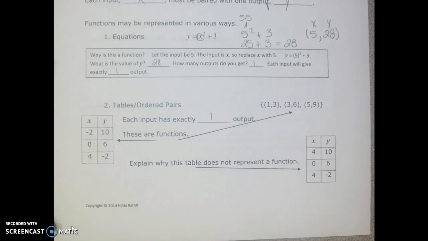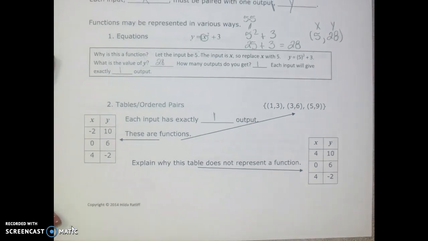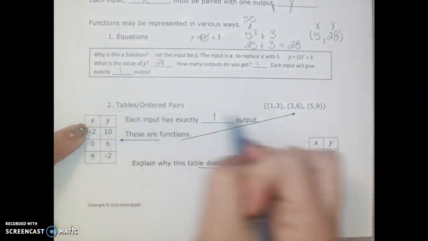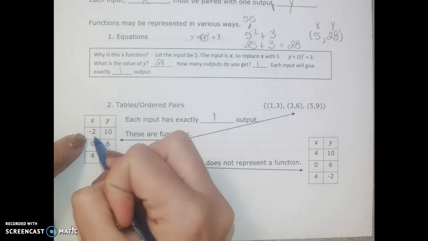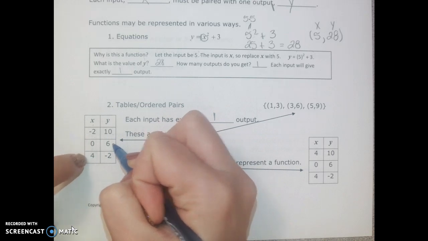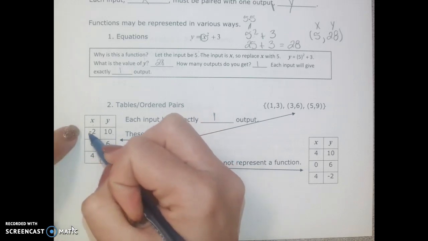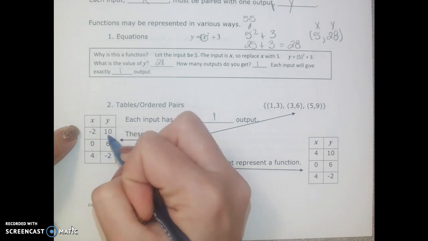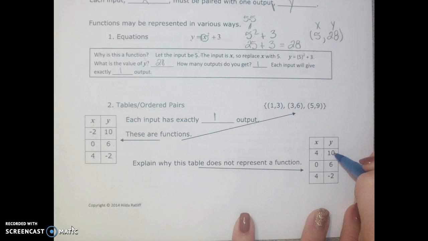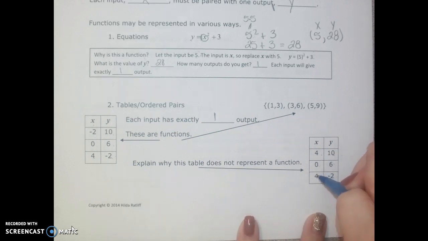Okay, so I hope that somebody actually paused the video and gave you some think time. If you remember, each input, which is your x, has one output. So -2, I don't see another input, gives me 10. 0 gives me 6. 4 gives me -2. So each input, -2, 0, and 4, only has one output over here. When I move on to this table, 4 gives me 10, 0 gives me 6, and 4 gives me -2.